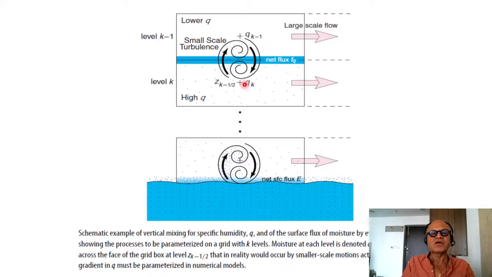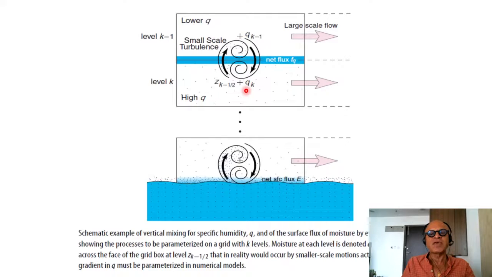And then when you look at other grid boxes, let's say between level k and k minus 1, there is higher Q in the lower grid box and lower Q in the upper box, because you are going up in the atmosphere, and there is a large scale flow, let's say, which is advecting things around, and there is exchange between the two grid boxes where the net flux is happening at k minus half here. So k and k minus 1 are here, so volume quantities are carried in the middle.